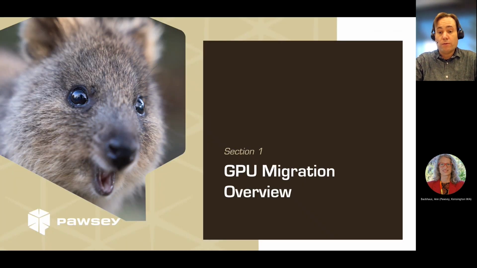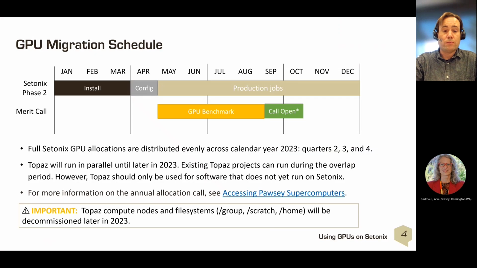So to provide an overview of the migration, we are currently configuring the Setonix GPU system to make the GPUs available for production jobs soon. The full GPU allocations will be spread evenly across quarters 2, 3, and 4 for the rest of the year, and Topaz will continue to run in parallel until later in the year.